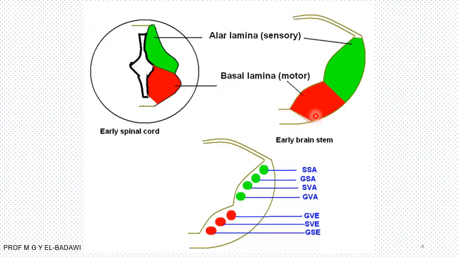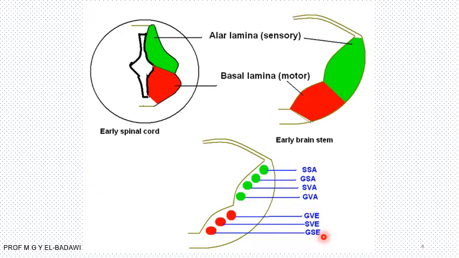When the medulla starts to open, the motor becomes the medial part and the sensory becomes the lateral part. That is the early brainstem. As you can see here, from medial to lateral is the same as the previous 7 groups: the general somatic, the special visceral, and the general visceral efferent or motor, then the general visceral and the special visceral, the general somatic and the special somatic afferent or sensory fibers.